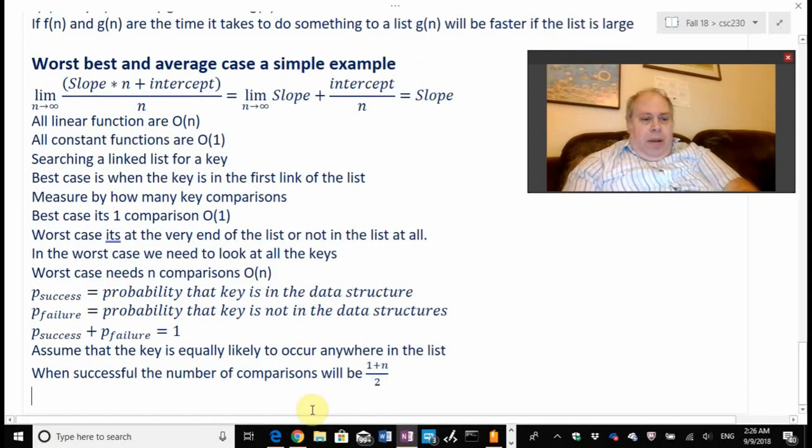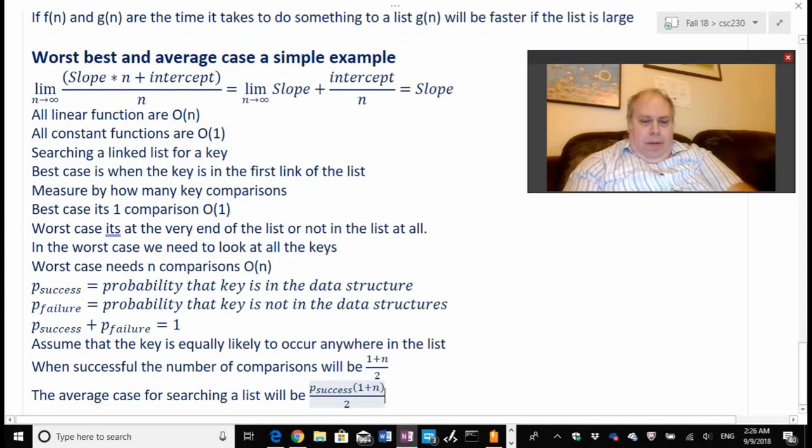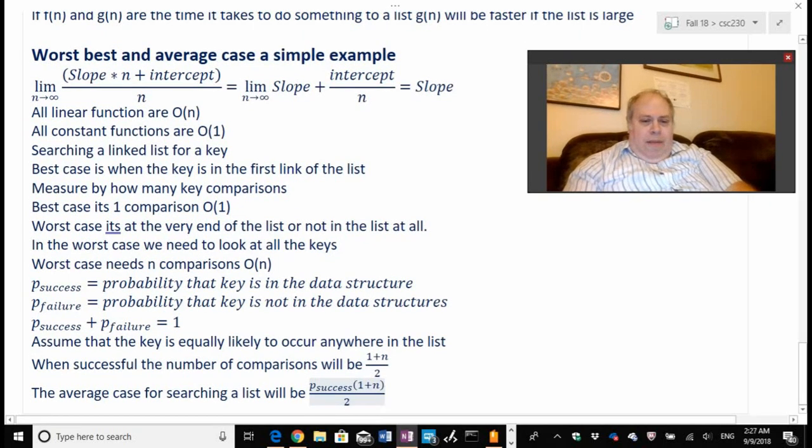So the average case for searching, and I'm not going to use O notation, although it's important, searching a list, I'll talk about the O notation in a second, will be probability of success times one plus n over 2, close enough, plus the probability of failure times n.